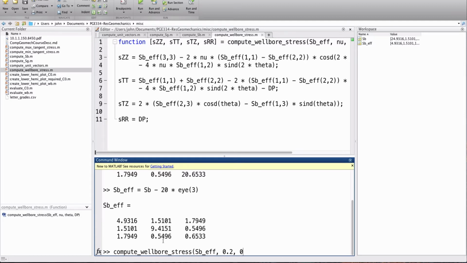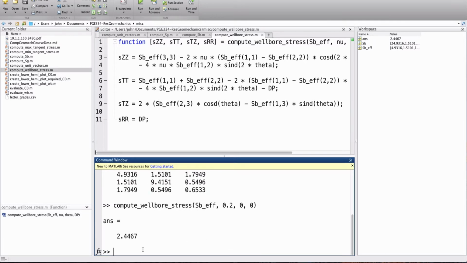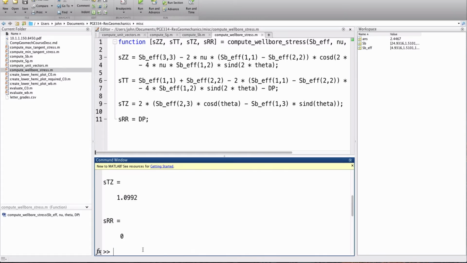We'll just pick one, 0 for now, and delta P, which is 0. Right? So that just returns the first value, but we really want all of them, right? So S ZZ, S TT, S TZ, S RR. So there's all the components of the stress, but only at the 0 point, right?